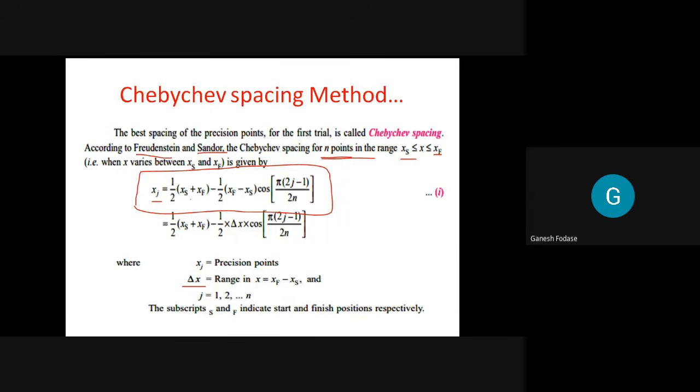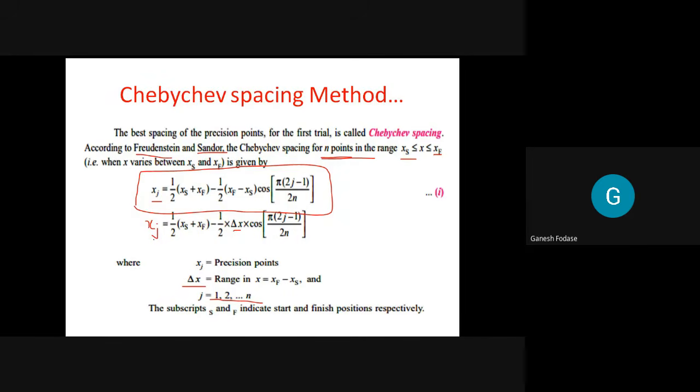So you can write the final formula as half of xs plus xf, the addition of these two, minus the difference, which is nothing but the range, delta x, times cos of pi (2j minus 1) upon 2n, where j varies from 1 to n. It may be x1, x2, x3.